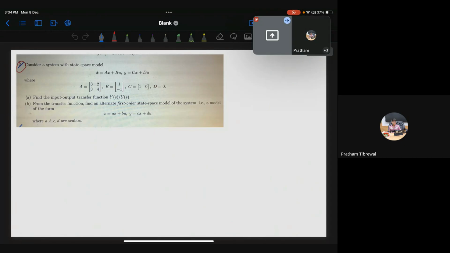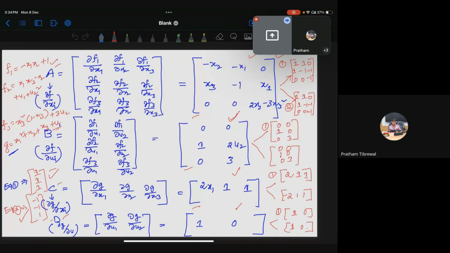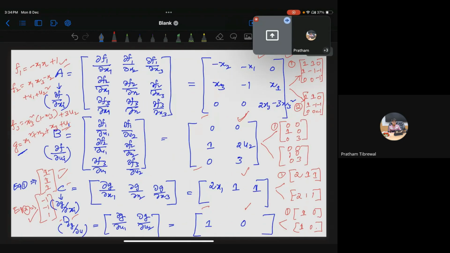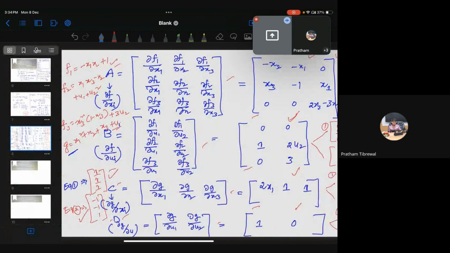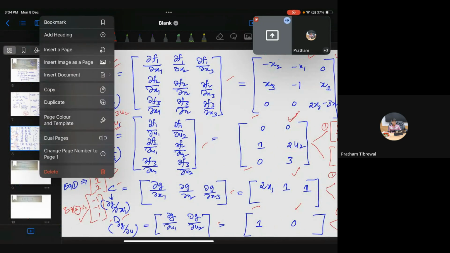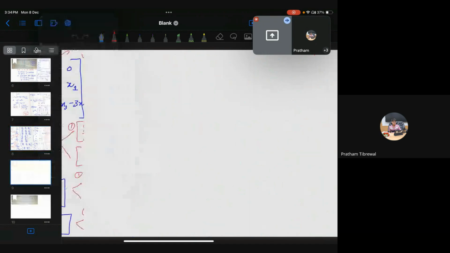Any other queries? Where do we use the Taylor series? Here, the Taylor series we will use to get these matrices. I'll tell you how. As I said, equilibrium point, correct?